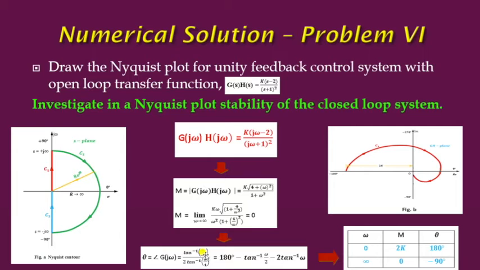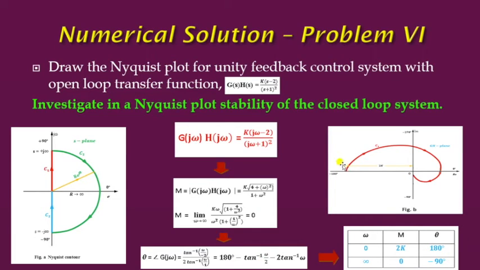Tan inverse omega by minus 2 equals 180 minus tan inverse omega by 2, and this is 2 tan inverse omega. If we put omega equal to 0, then this angle is plus 180 degrees. When omega is infinity, this is minus 90, and this is minus 90 into 2, minus 180. So these minus 180 and plus 180 cancel and this angle is minus 90.